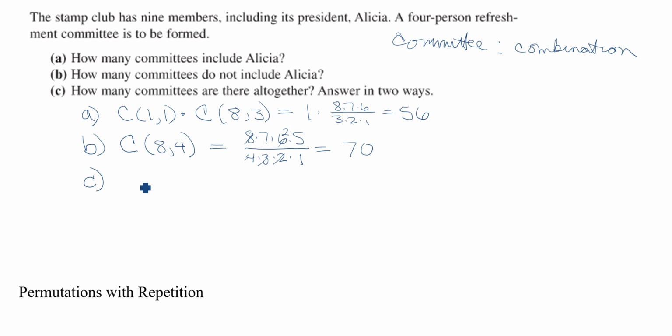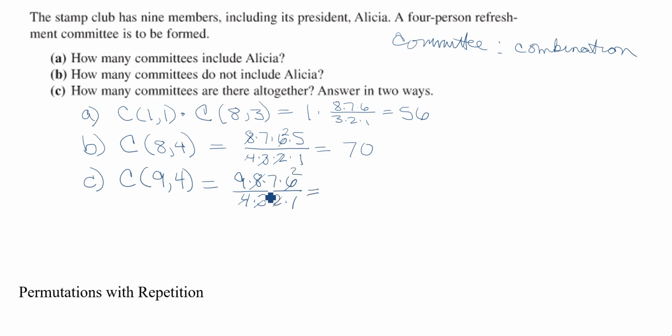C, how many committees are there altogether? Well, one way of looking at it, there are 9 people, and we're going to choose 4. So the combination would be 9, 8, 7, 6 over 4, 3, 2, 1. And so the 4 and the 2 cancel out the 8. The 3 goes into 6 twice.